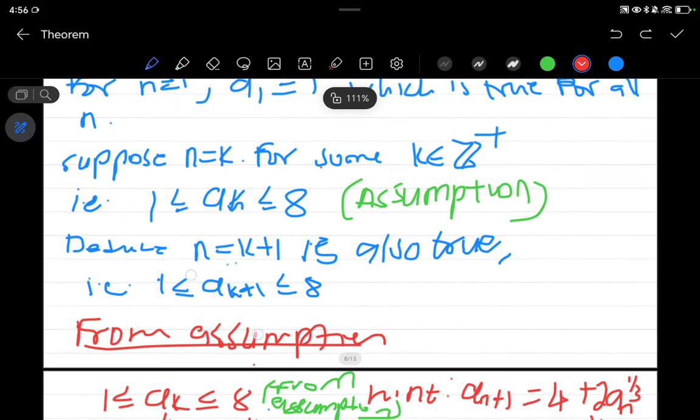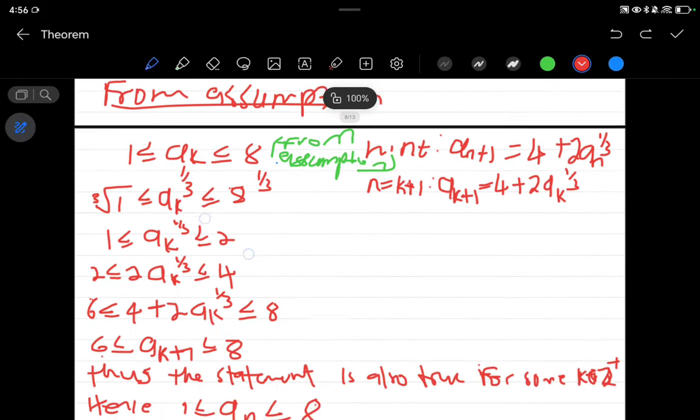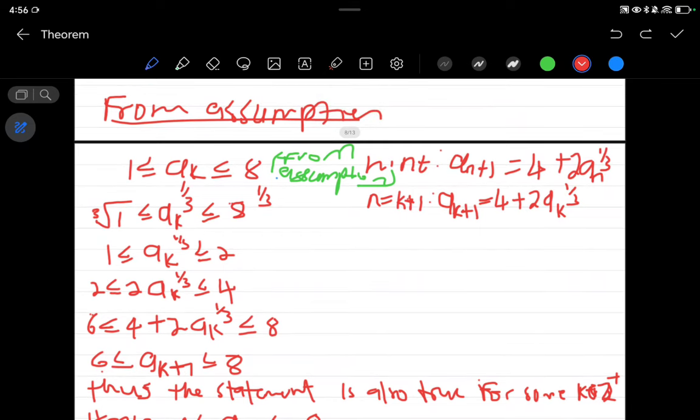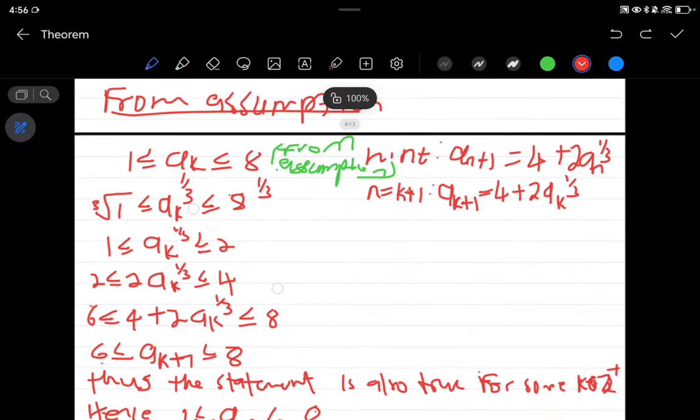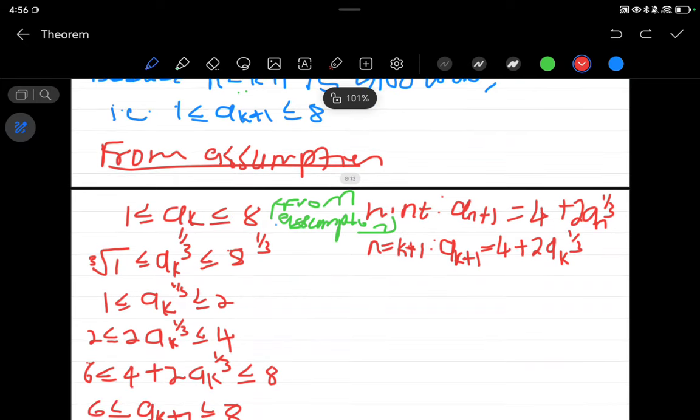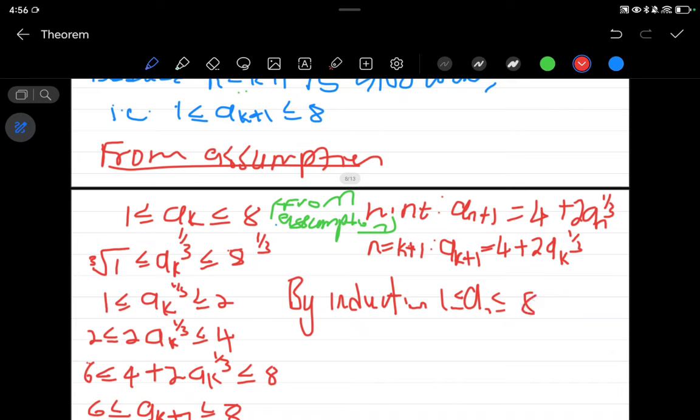Now I just need to say, since it is increasing, and also by induction, a of n is between 1 and 8. I've proved this right now. And a of n is increasing.